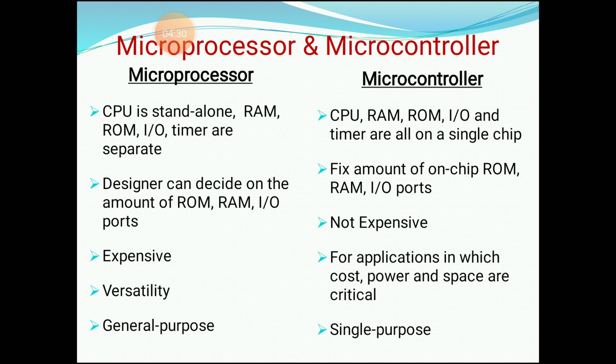A microprocessor is highly expensive, whereas a microcontroller is less expensive. Microprocessors offer versatility, whereas microcontrollers suit applications in which cost and power and space are critical. Microprocessors are used for general purpose, and microcontrollers are used for a single purpose or specific application.